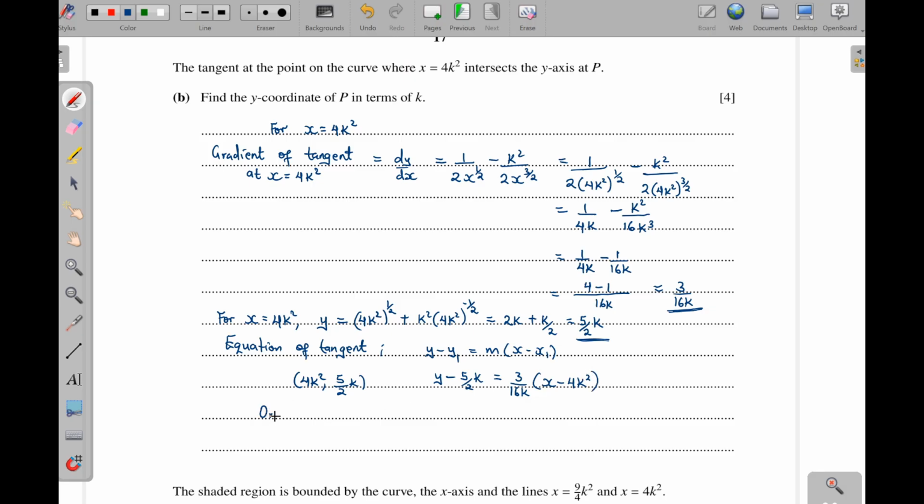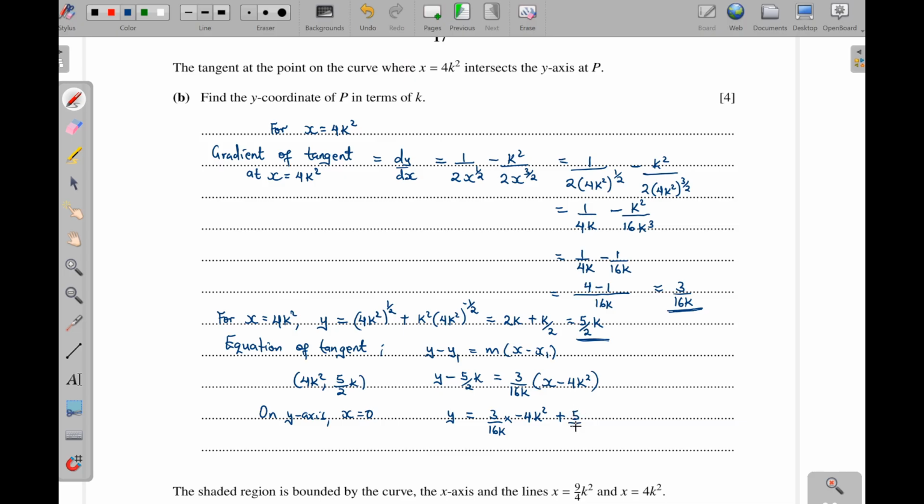Then if it is intersecting y-axis, we know that on y-axis, x is equal to what? 0. So wherever there is x, then you put the 0. So we shall have 3 over 16k here, then times the negative 4k squared. Are we there? Because this one has gone, we have put 0. Then let this one cross the equal signs, so it will come this way as a plus.